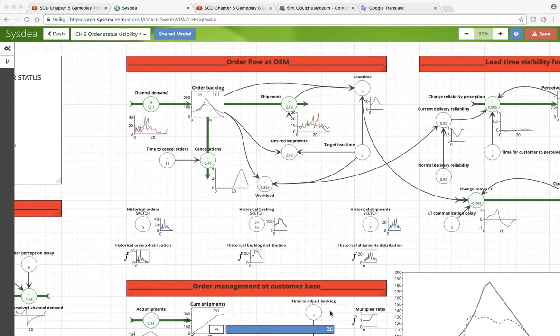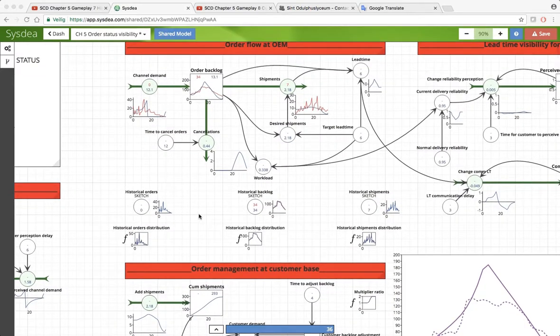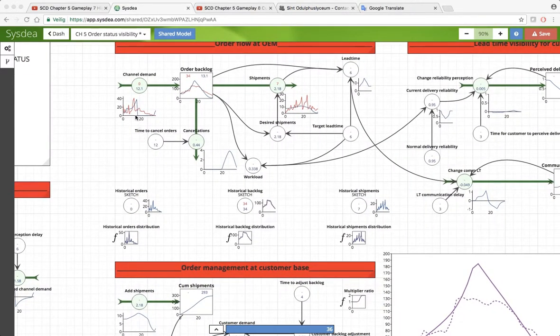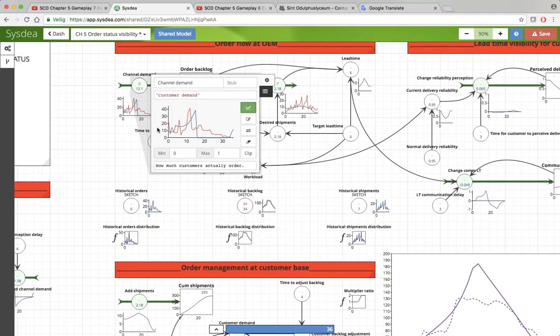So what does this model do then? Well, and what did the real world do? Let's begin up here with the inflow of orders. What you see up here is the red line is the historical order pattern. The blue line is what the simulation model makes of it.